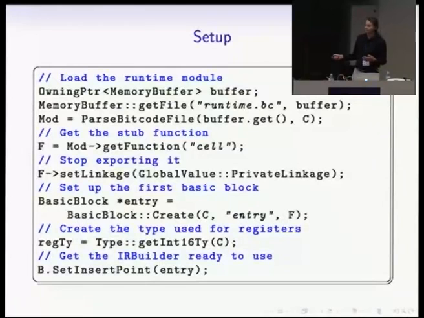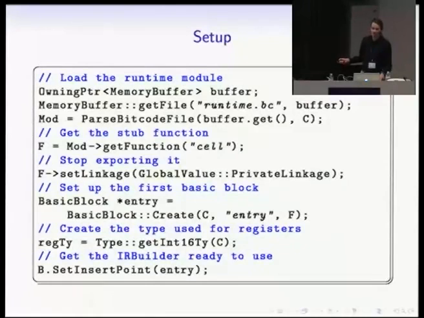So then we, rather than creating a new function, we just get the cell function that we forward declared. And because this is just a stub function, it has no implementation, it doesn't have a basic block. So we do need to create the entry basic block, and this is just a standard factory function, and it goes in the function that we just loaded.